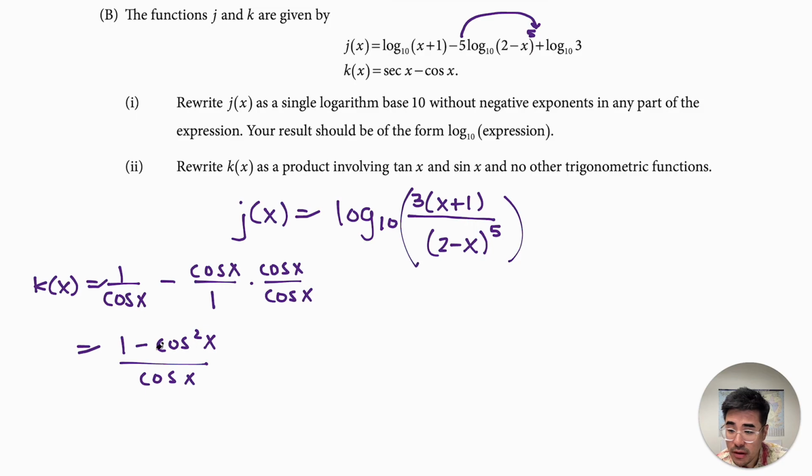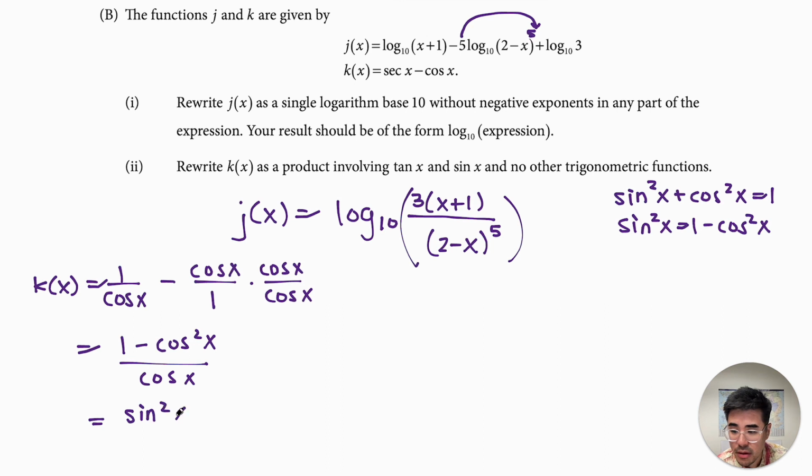Now, if you have a cosine squared or something like that, that's when we're going to use our Pythagorean identity. Our Pythagorean identity is sine squared plus cosine squared is equal to 1. So then we can rewrite this as sine squared is going to equal 1 minus cosine squared. So if I were to rewrite this equation with a sine squared, it'd be sine squared over cosine of x.